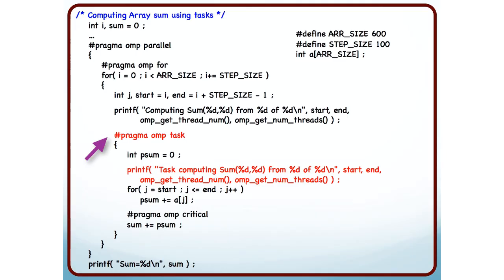It also creates a new variable j, a new variable start, and a new variable end. It allocates memory for these variables and copies the content from whatever the value was just before this task was initiated. That's why what you'll see is that the value of j, start and end will be just what you intended it to be, right? Start will be i, end will be i plus step size minus 1. That's what will be passed to the task.